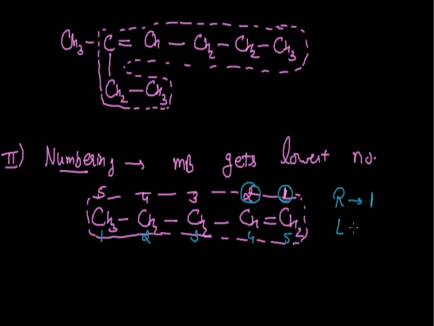On the other hand, if we start the numbering from the left hand direction, the multiple bond is coming between fourth and fifth carbon atom, and the position is fourth position. According to the lowest possible rule, the numbering will be preferred from right hand direction, because from here the multiple bond is getting lowest number. So this is the correct way to number this organic compound.